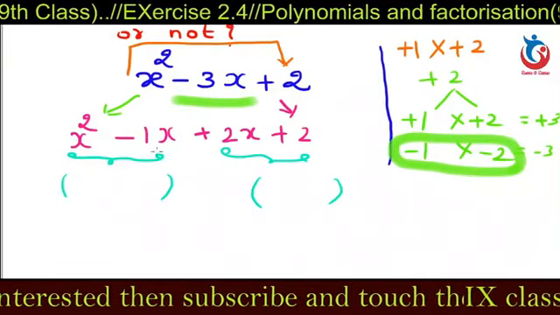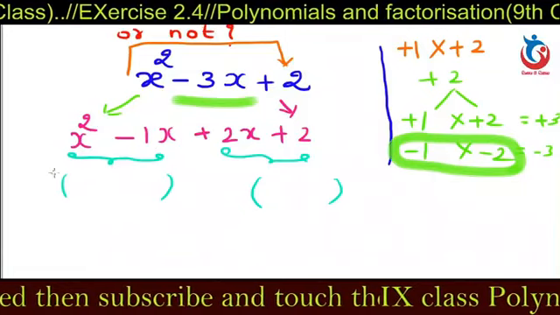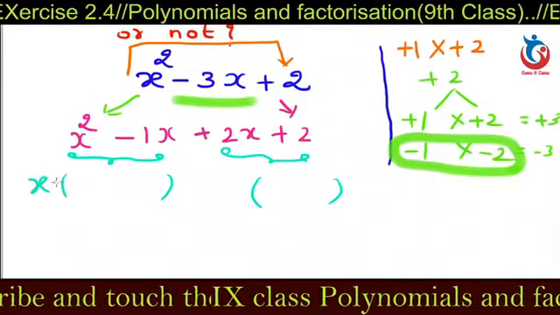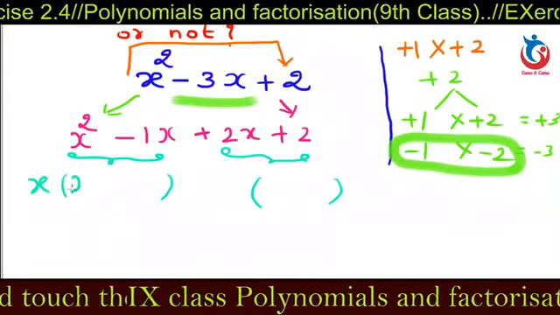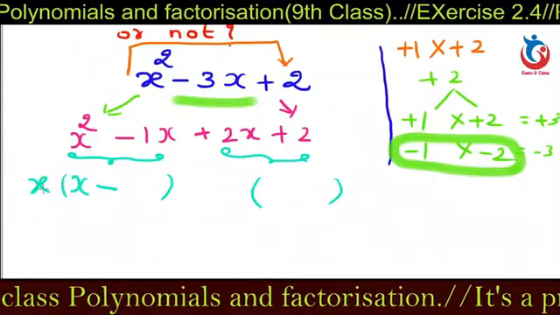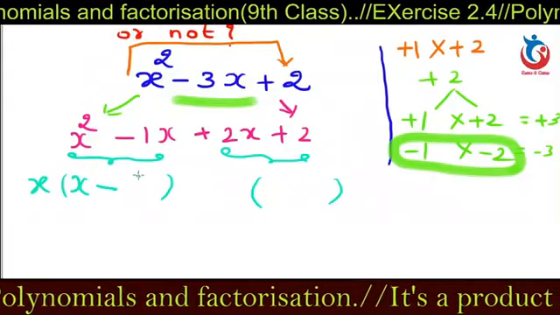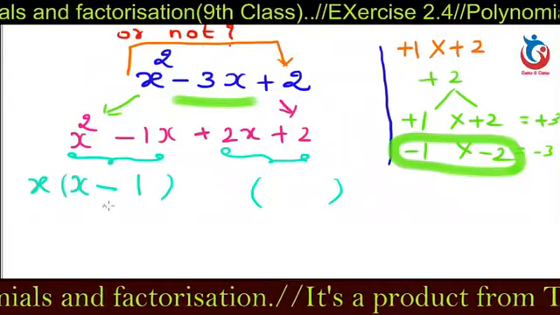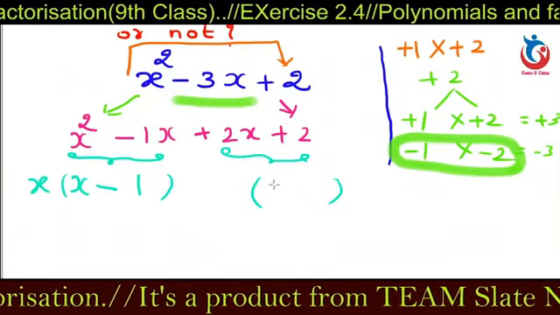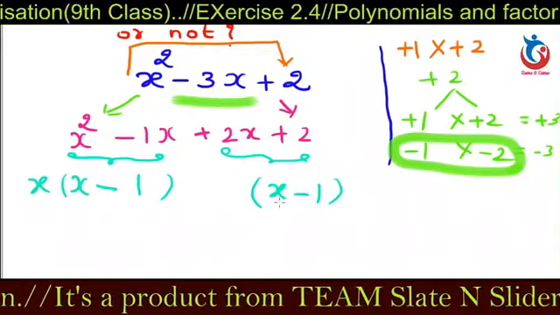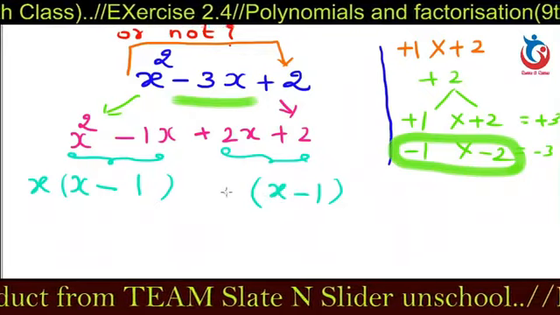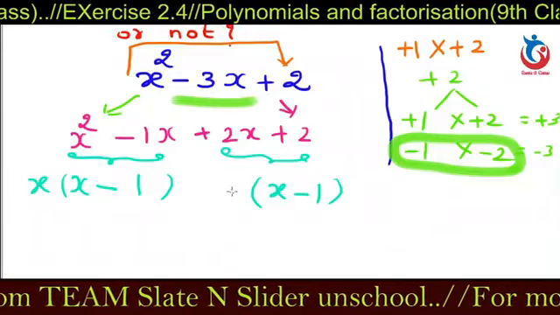From these two, what do we get as common? x we get. So x square, 1x is outside. Definitely here we get 1x minus, and x is taken as common. So we got x minus 1 in the bracket. In this bracket also we should write the same x minus 1. And here we have to get one number that should be taken as common.